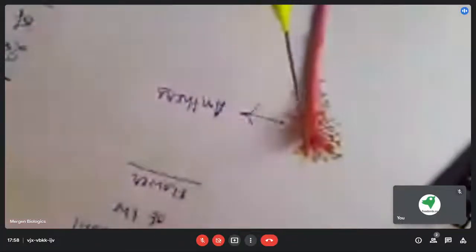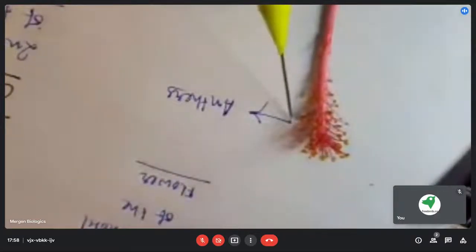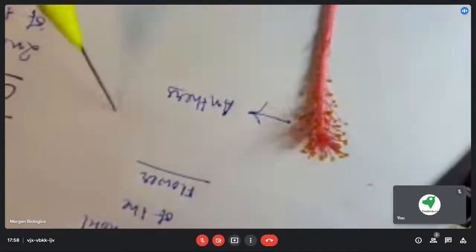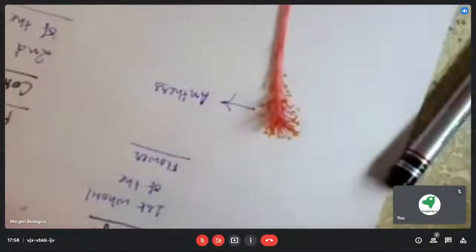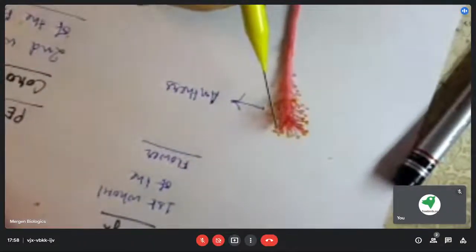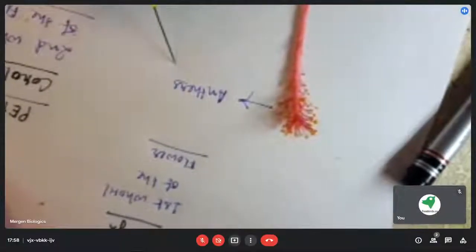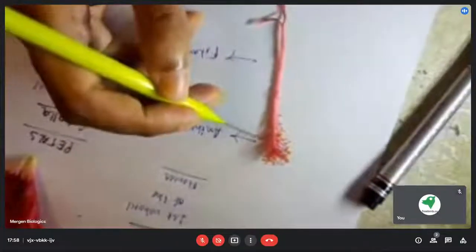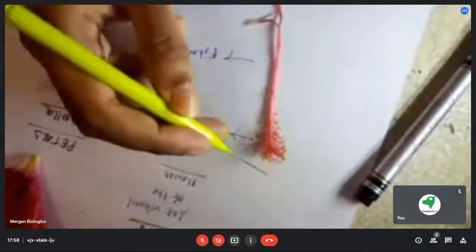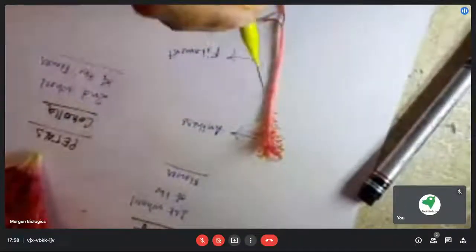That is, they are basically the pocket where pollen grains are produced, and they release these pollen grains so that they can travel to the female part of the flower, or the other flower which is female in case of a unisexual flower, and the pollination takes place, and then the fertilization of the flower takes place. And these filaments are the stalk that are holding these anthers. This is the filament, the stalk.